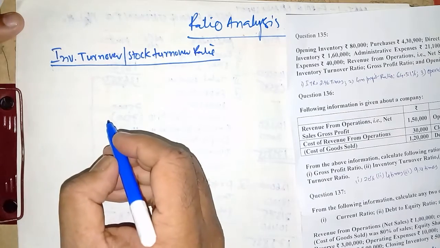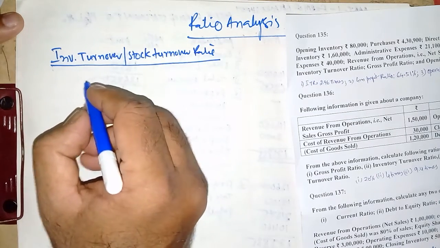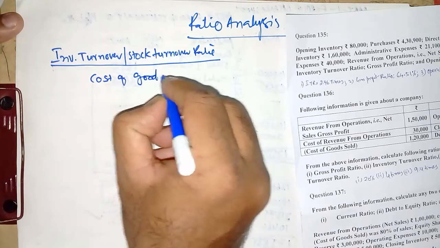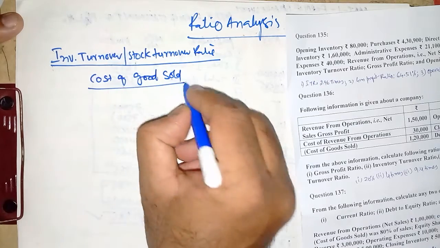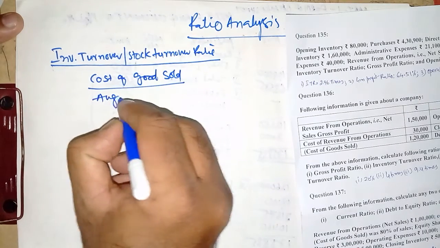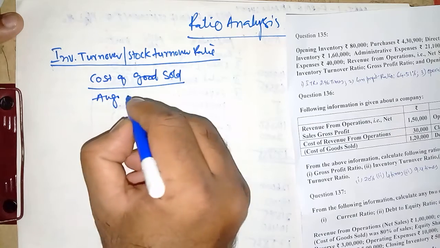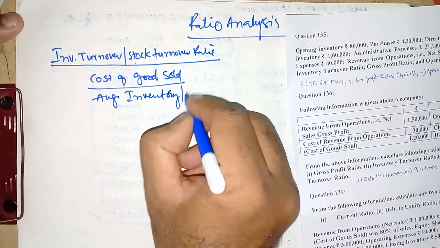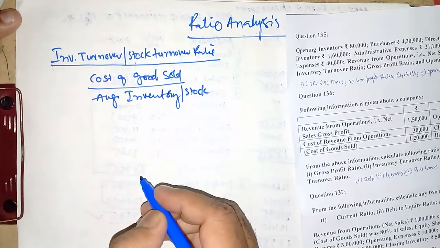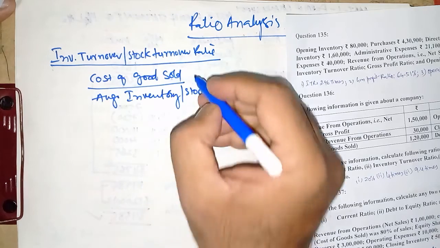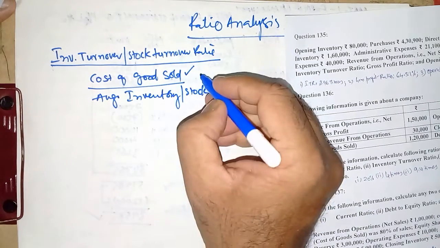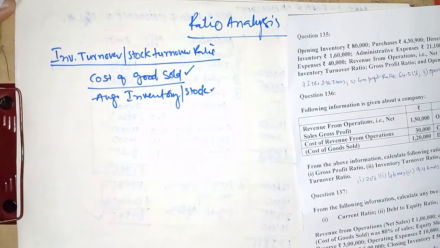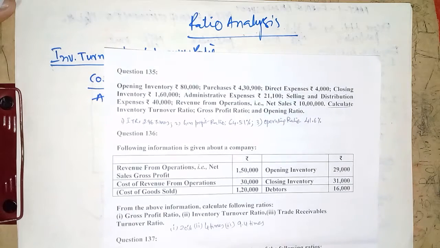So the formula for stock turnover ratio or inventory turnover ratio is equal to cost of goods sold divided by average (AVG) inventory or stock. So we need to calculate cost of goods sold first, then average inventory, and this ratio will be measured in times, right?